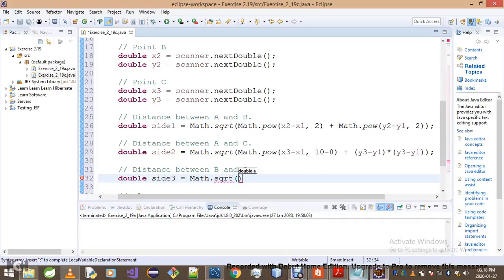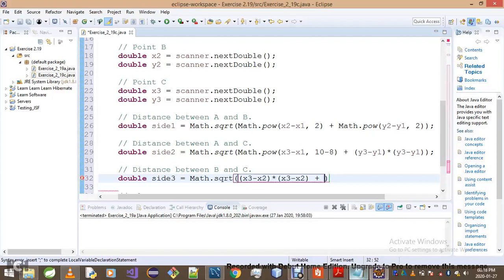let's do this, x3 minus x2, multiply that by x3 minus x2. I should put the multiplication operator there.